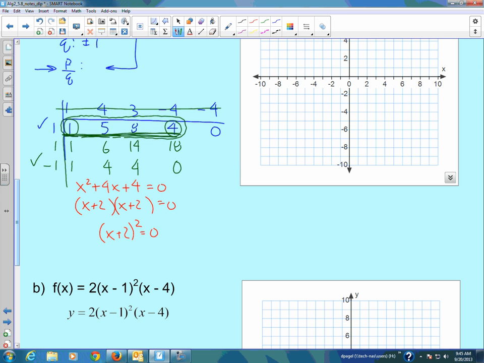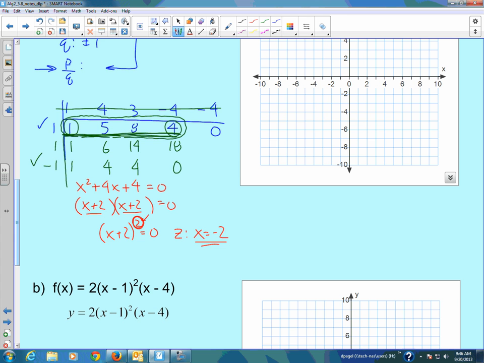And so I know zero-wise that x would equal negative 2 for this one. And I will, again, be paying attention to the fact that I saw the same factor twice. So that's what's giving us this power of 2. And I'll remember power of 2 on a factor is an even power. That means I'm going to have a tangent situation or a bouncing situation that occurs at x equals negative 2.